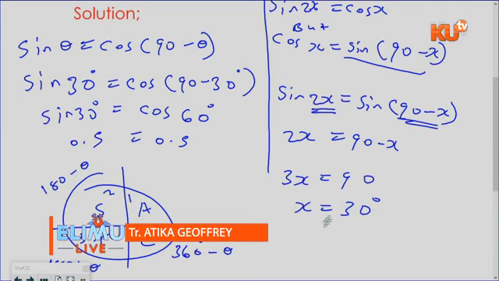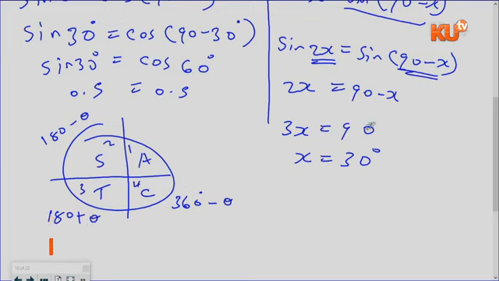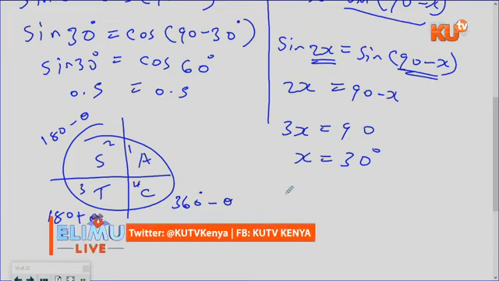Our theta here is 30, so 180 minus 30 will give us 150. In short, our x can also be equal to 180 minus 30, which gives us 150 degrees. So these are our two values or two answers for this particular question.